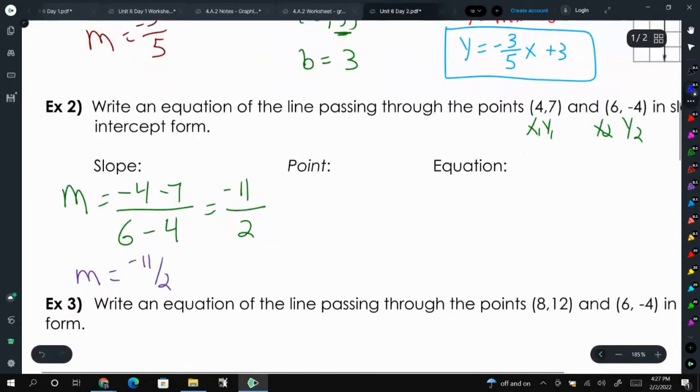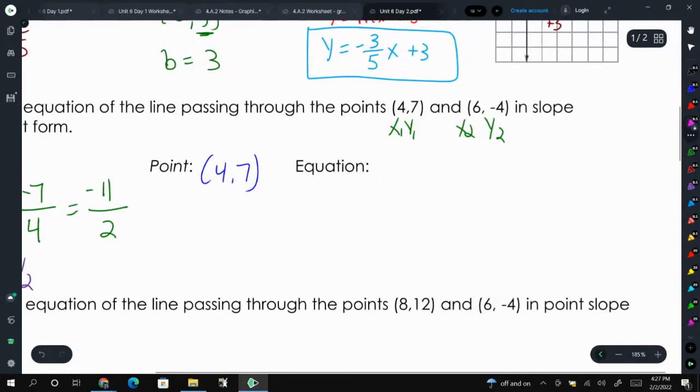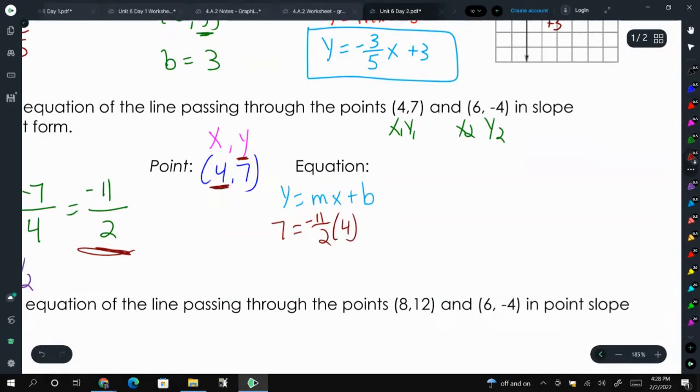Now we have to plug that into y equals mx plus b using one of the points. I'm going to use positive points. Our equation for slope-intercept form is y equals mx plus b. I know what y is, 7, and we know what m is, -11/2 from back here, times 4, which is x, plus b.